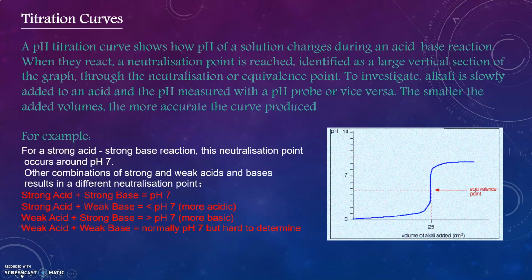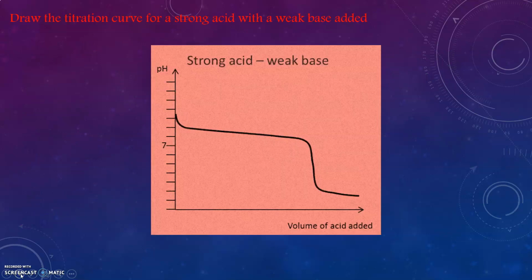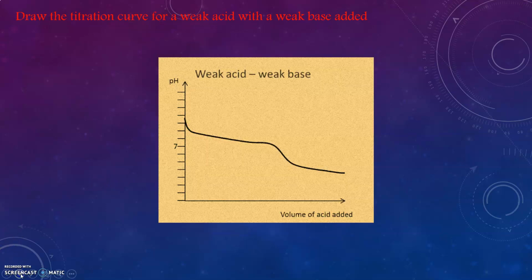This is between strong acid and strong base, and actually the equivalent point will be equal to 7. Okay, strong acid and strong base. And here, if you just take a look, it's less than 7. So if it's less than 7, this means that it's a strong acid and a weak base.